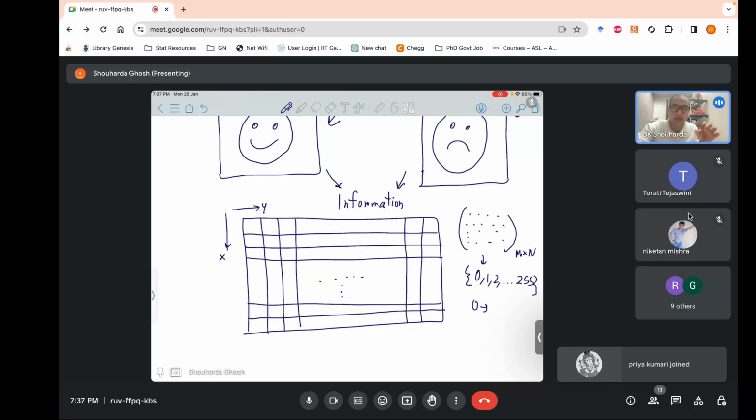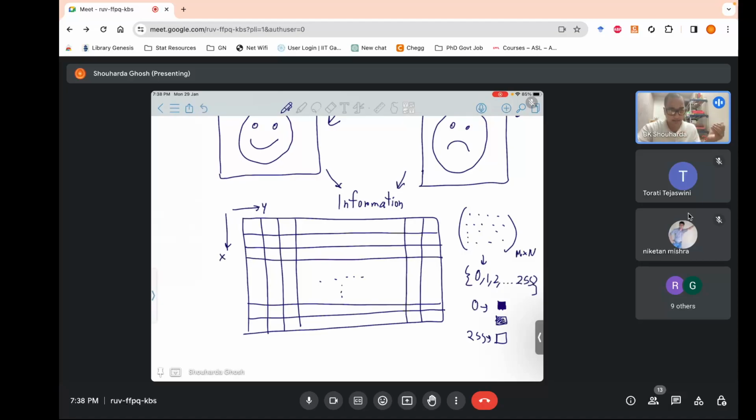So I was talking about a camera. So let's say you have an LED, and this 0 to 255 defines the brightness of the LED. So if it's 0, it's completely dark. And if it's 255, it's completely white. If it's something in the middle, that's grayscale.